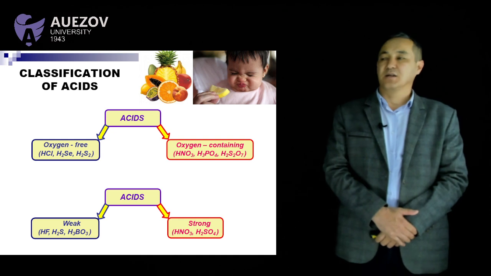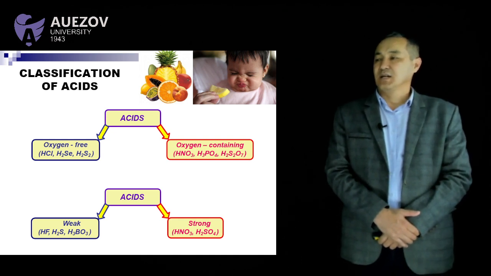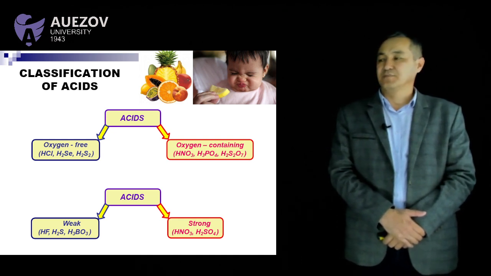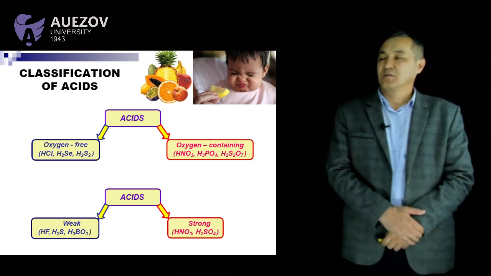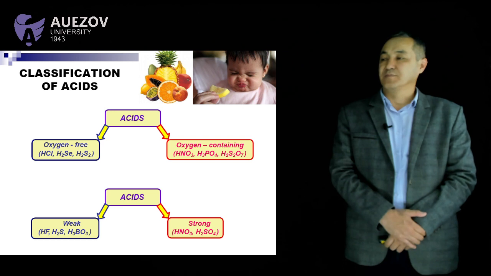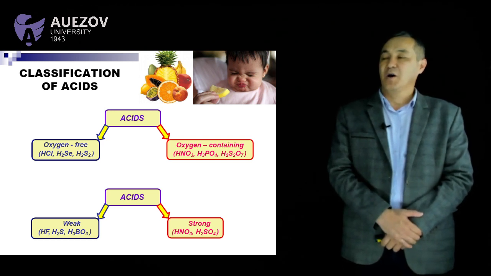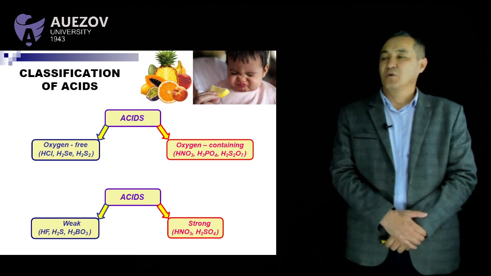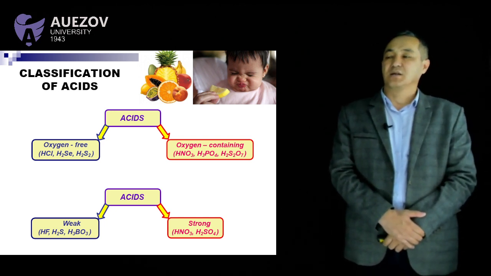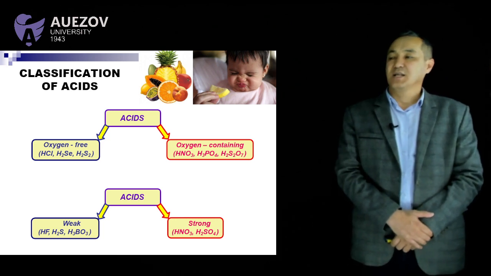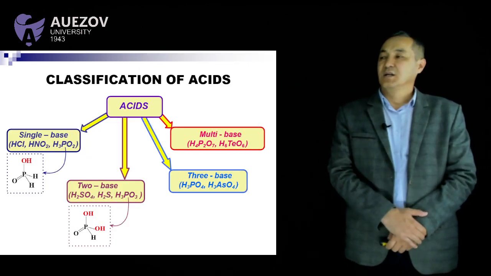Weak acids can be sulfurous acid and boric acid. About strong acids, we can say nitric acid and sulfuric acid.